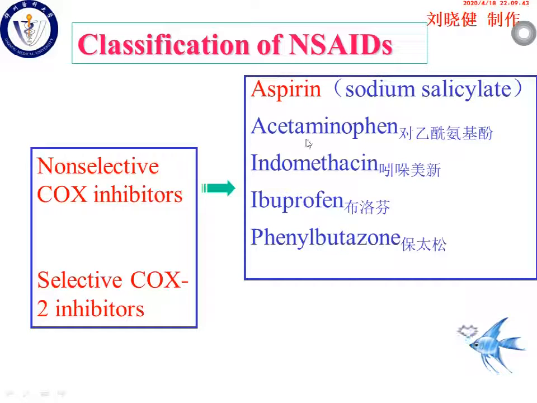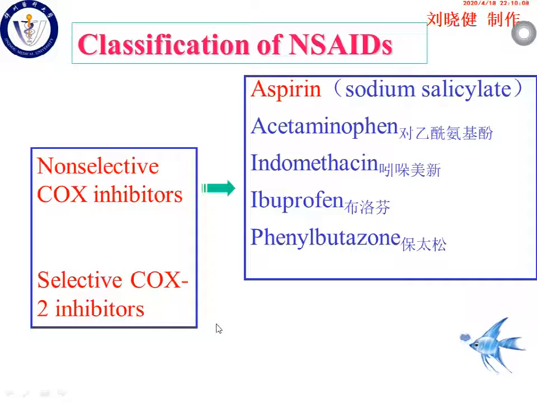Among these agents, aspirin, also called sodium salicylate, is the representative drug in this family. Compared with the other agents, it is the most important. We will study aspirin in detail.